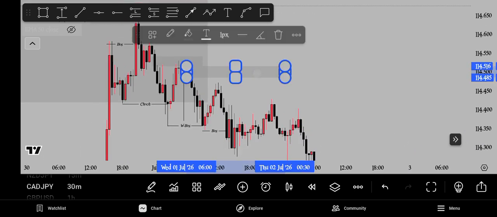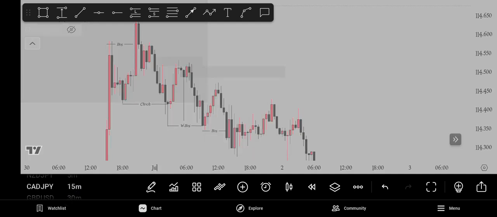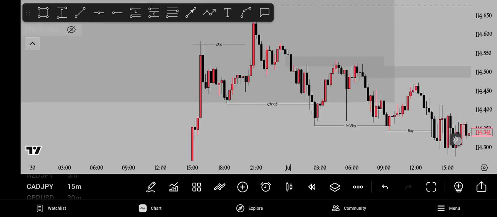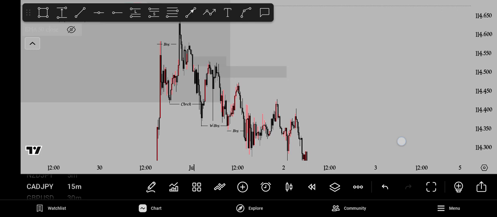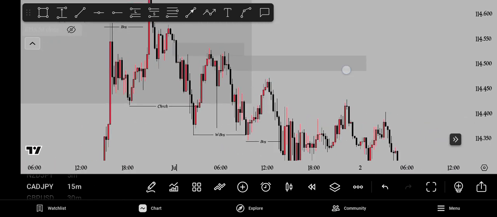This was the POI I picked. Was it this? This was the POI I picked.